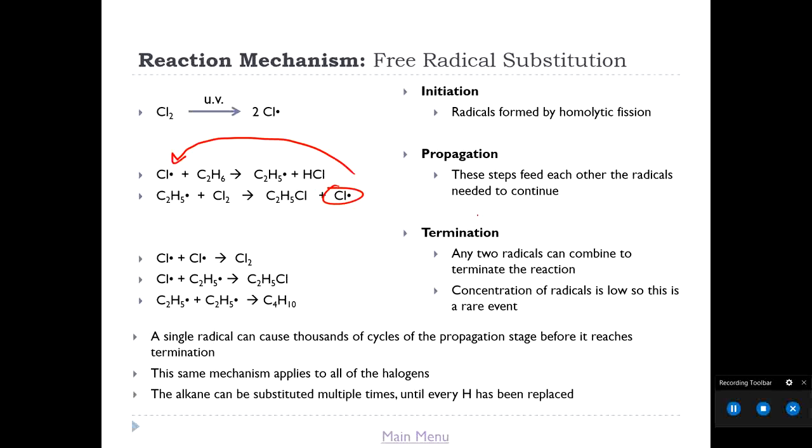The alkane itself can be substituted multiple times. We can essentially replace each hydrogen in an alkane with a chlorine by putting it through this mechanism over and over. These are the 2 reactions you have to know for alkanes: combustion was the first, and free radical substitution is the second.